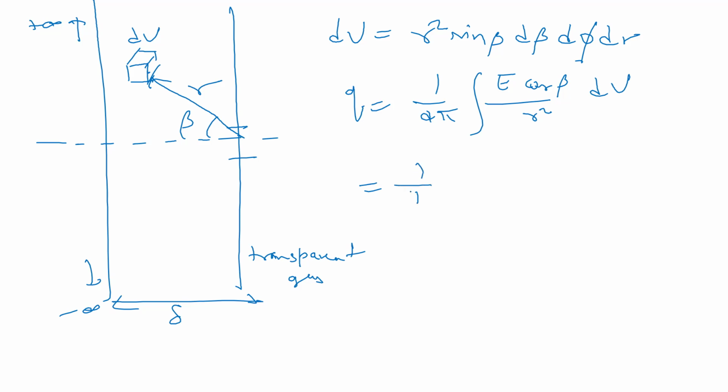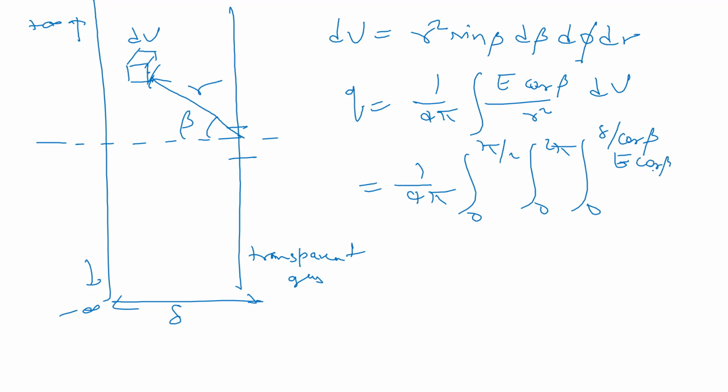So we'll get 1 by 4 pi integration 0 to pi by 2, 0 to 2 pi, and 0 to del upon cos theta. I will tell how we got this limit. Del upon cos theta, E cos theta upon R square into R square sine beta d beta d phi dr.